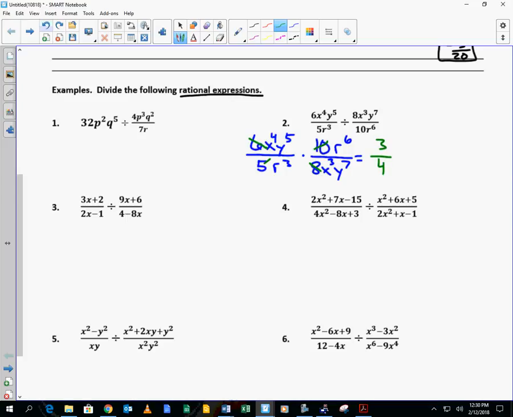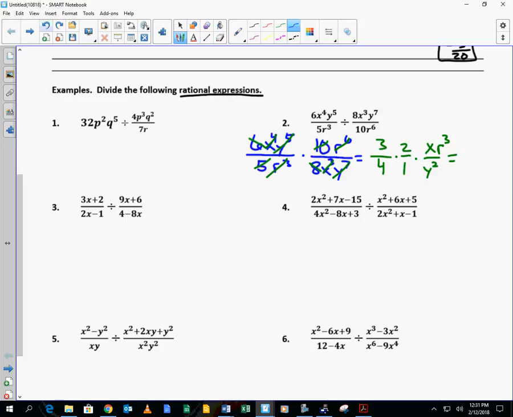The 10 over the 5, that reduces to 2 over 1. X to the 4th over x to the 3rd leaves you with an x in the numerator. Y to the 5th over y to the 7th, that's going to be a y squared in the denominator. R to the 6th over r to the 3rd will be an r to the 3rd in the numerator.